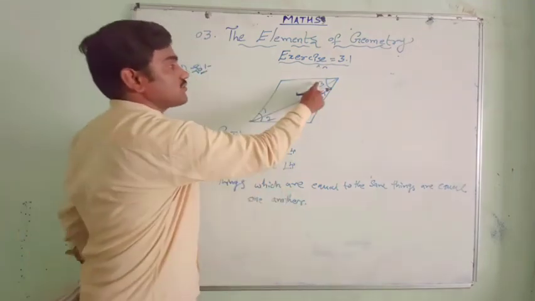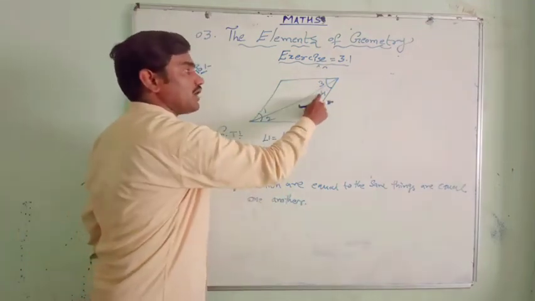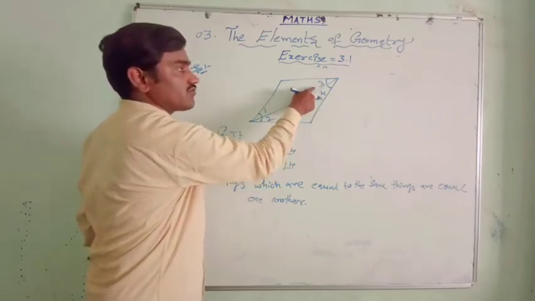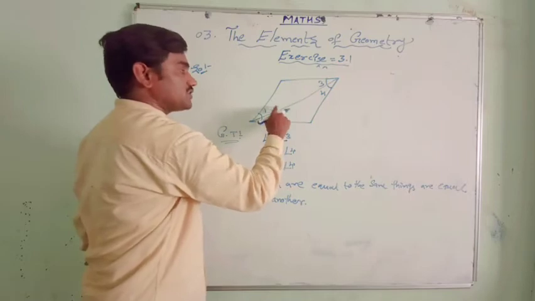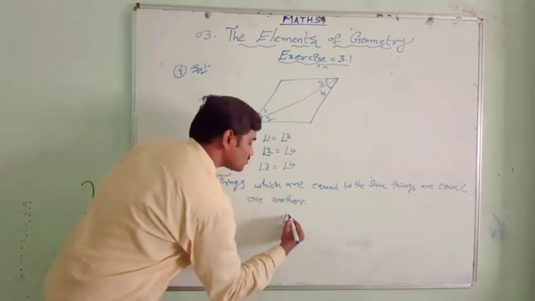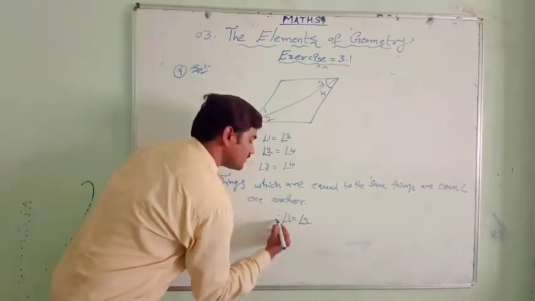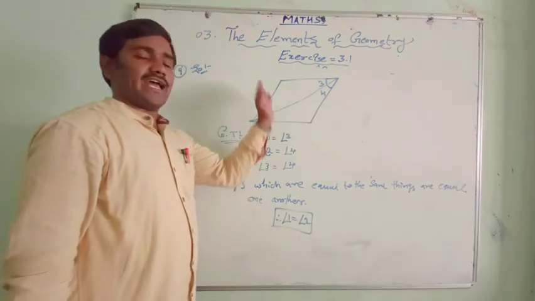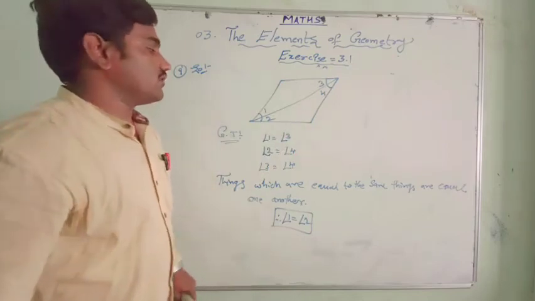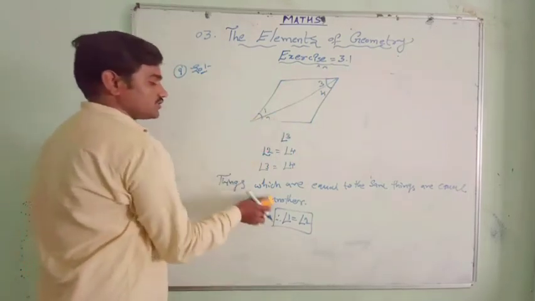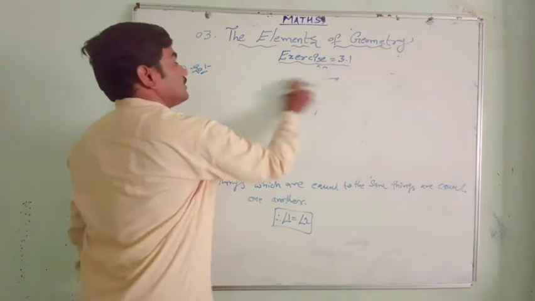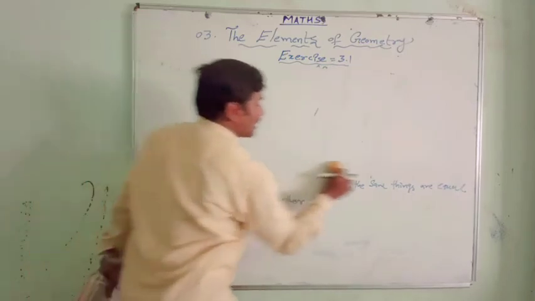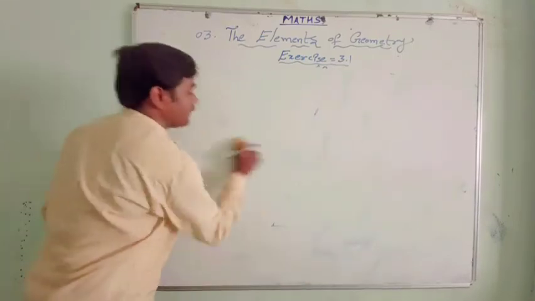See, angle 1 is equal to angle 3, angle 2 is equal to angle 4, and angle 3 is equal to angle 4. So angle 1 is equal to angle 2 also. So what can you say about angle 1 and angle 2? They are also equal. According to Euclid, the things which are equal to the same things are equal to one another.